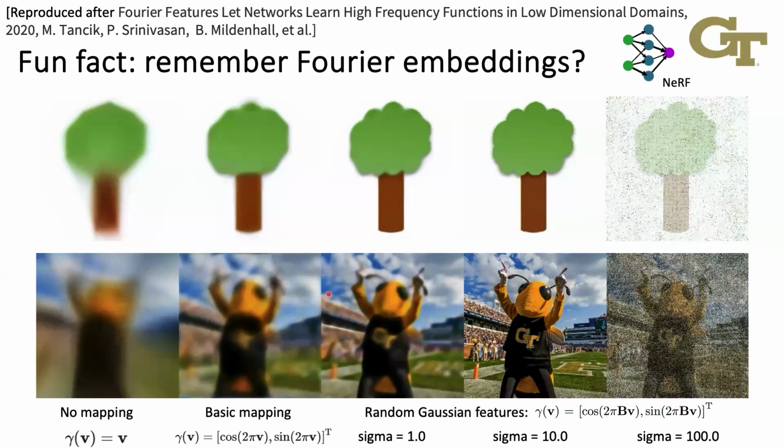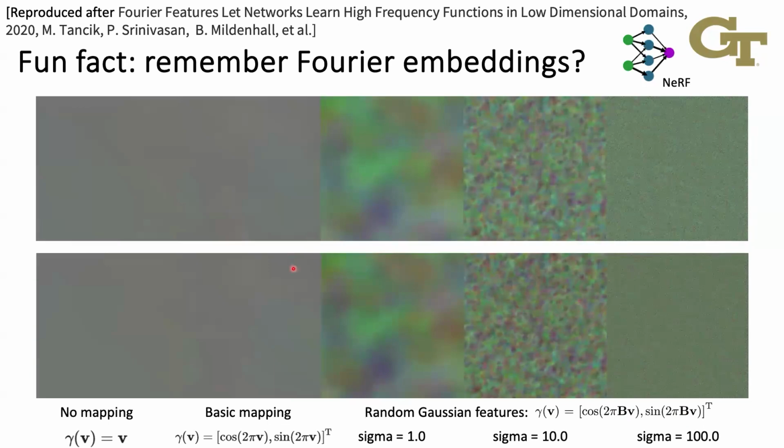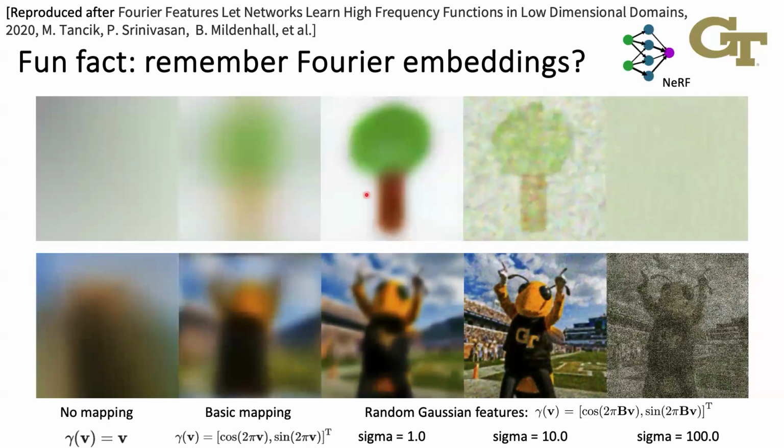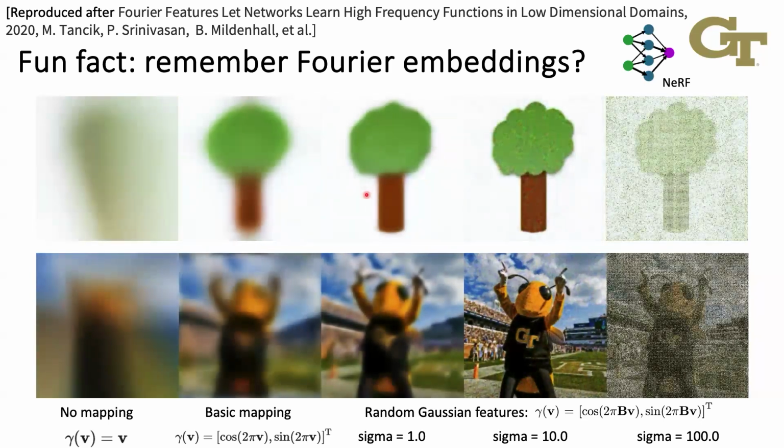And even if you just look at the initialization, what the network sees when it starts learning is quite different. You can see that this random Fourier embedding space looks different, and it even struggles to properly learn a 256 by 256 or 512 by 512 image.